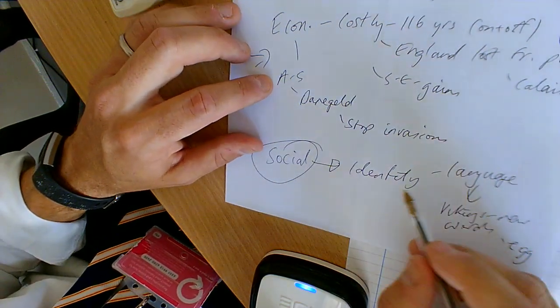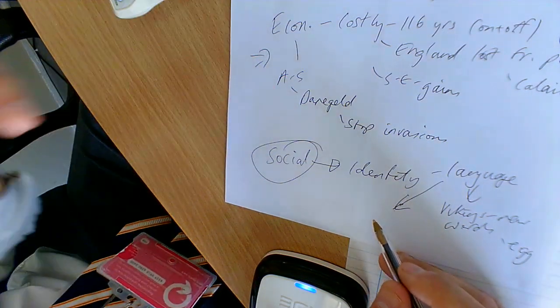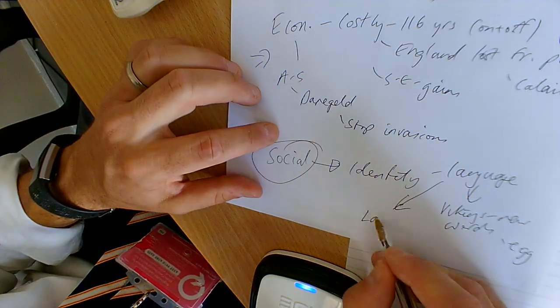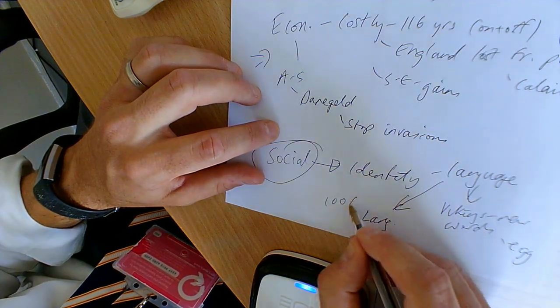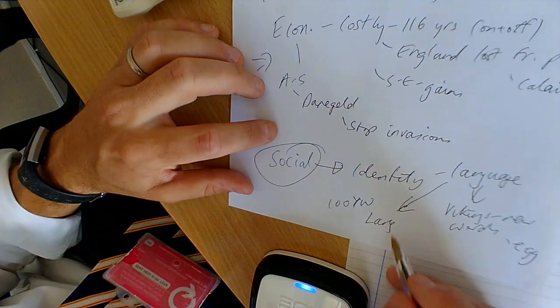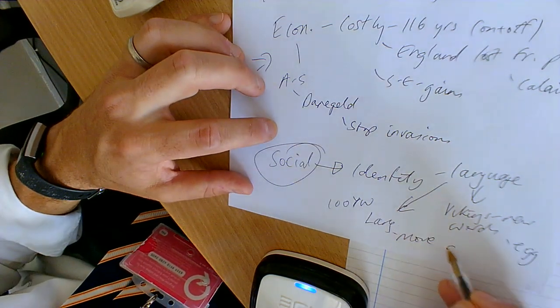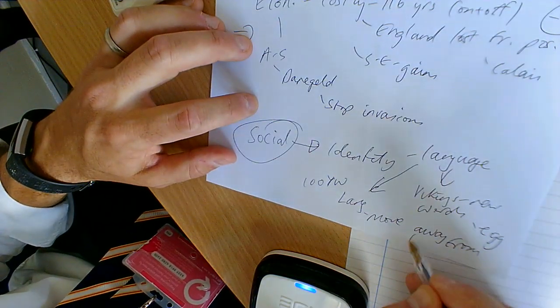And what I would say is, in a sense, the English language changes again because of the 100 Years' War. Again, the language changes because there's a move away from French.